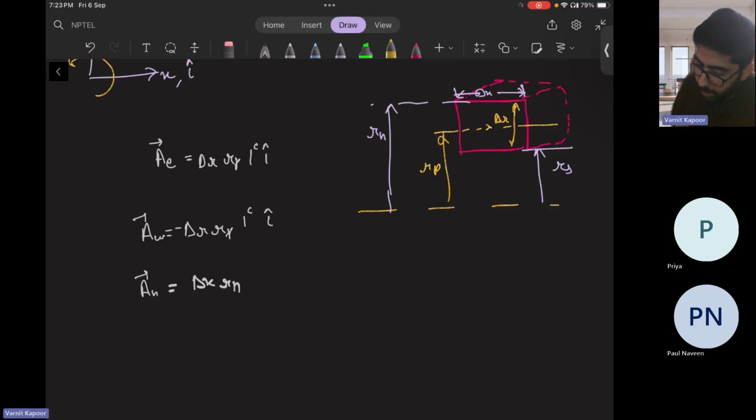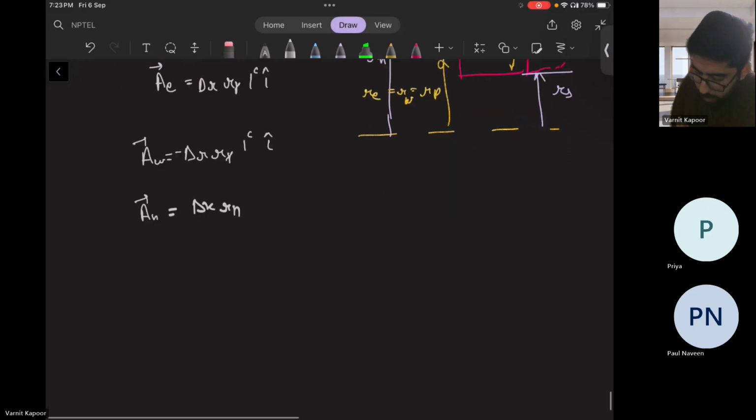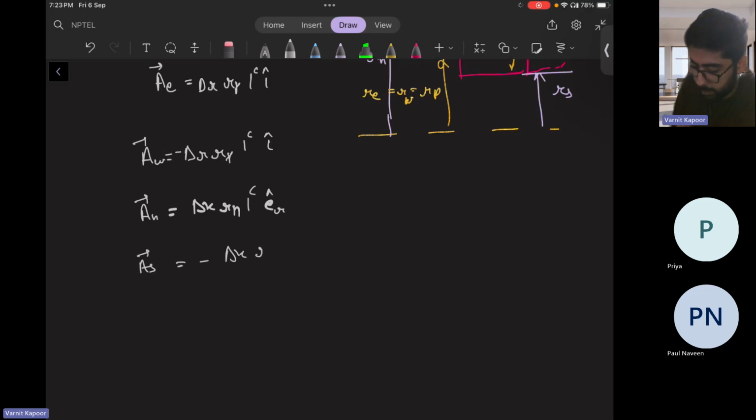Here R_P, R_E, R_W are all equal. So A north is del x R_N into 1 radian e_r hat, and A south is negative del x R_S 1 radian e_r hat. All the areas are clear? Okay. Because the area is differential, right? Small volumes.